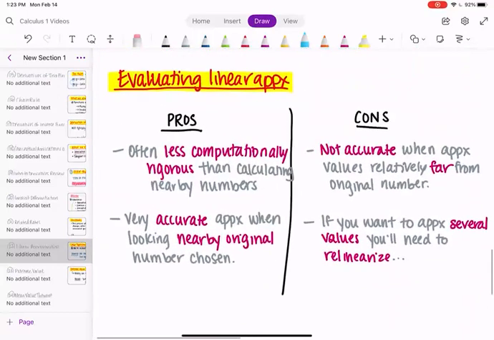So real quick, let's summarize a couple of the benefits and detriments or limitations of the linear approximation method, right? What we'll do is start with pros. With the linear approximation method, you end up having to do less rigorous math than plugging it in.